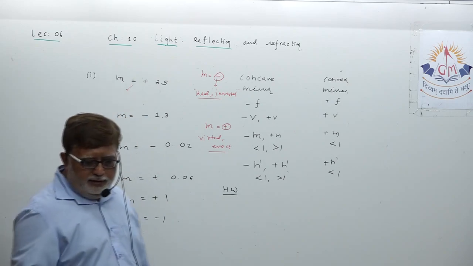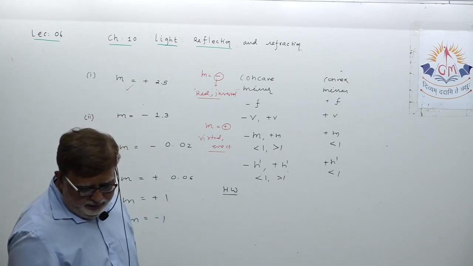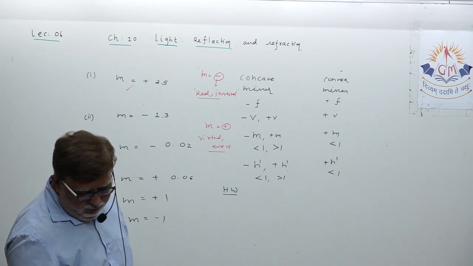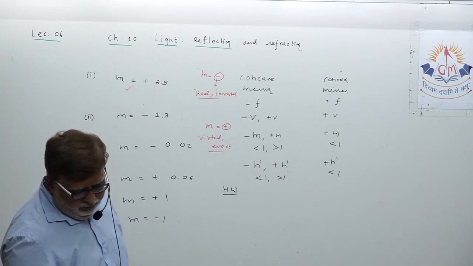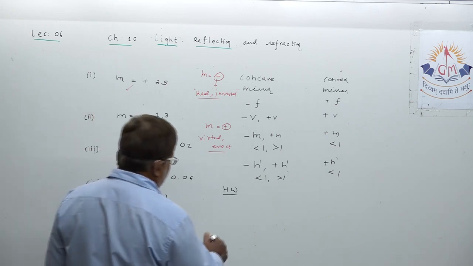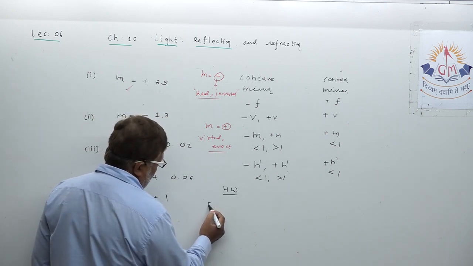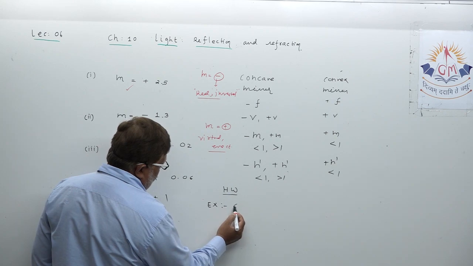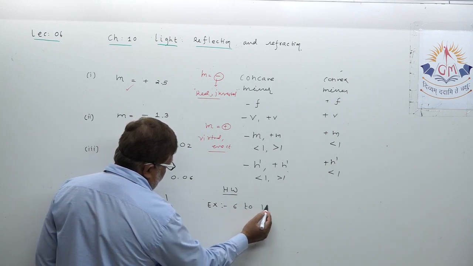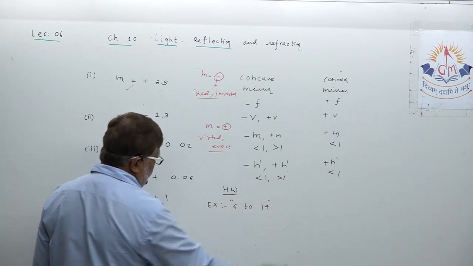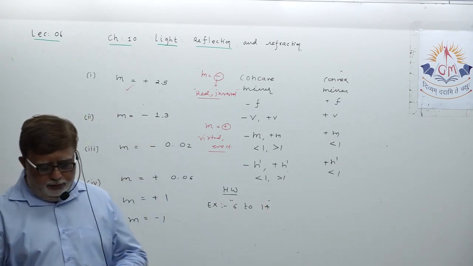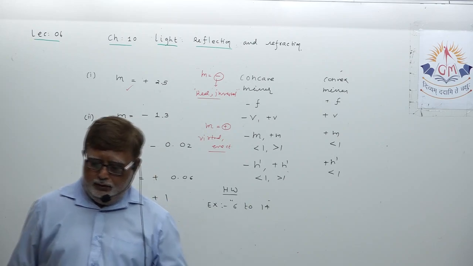Homework from today's lecture from the numerical assignment, dear student: you have to solve examples number 6 to 14. Understand that you will solve these examples. This is your homework for today's lecture.